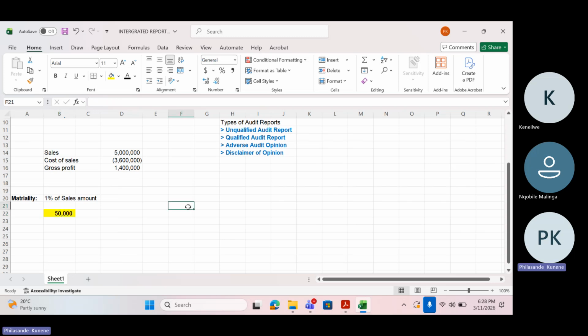Okay. Now I have calculated my materiality. So what does that mean? That is going to be 1%, I'll call it my materiality. Which means anything that is below 50,000 is not a problem.